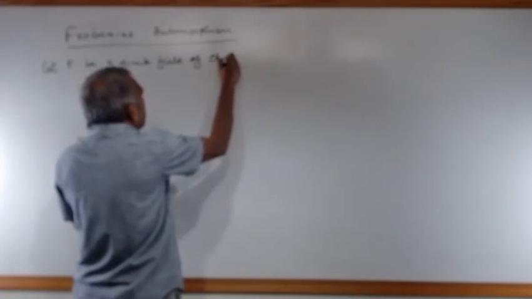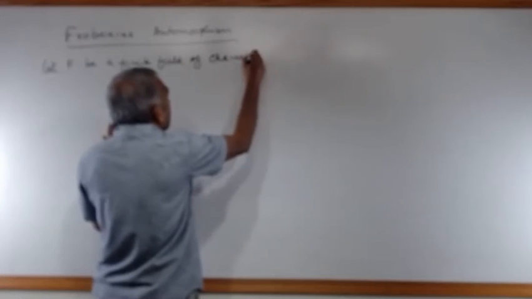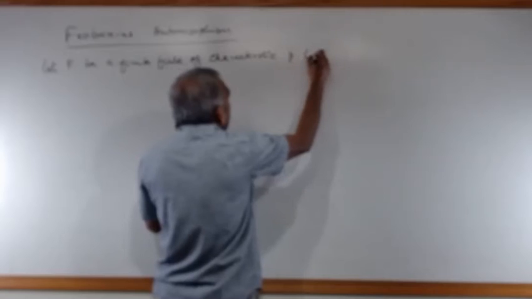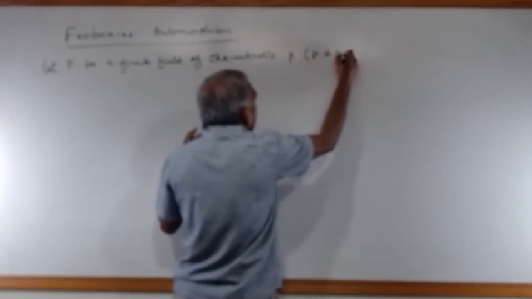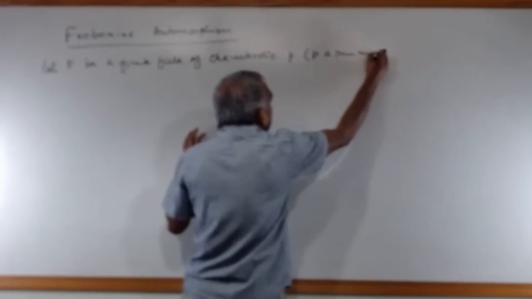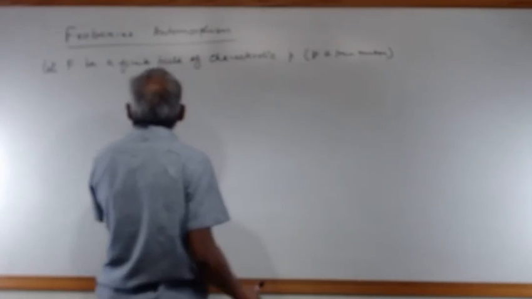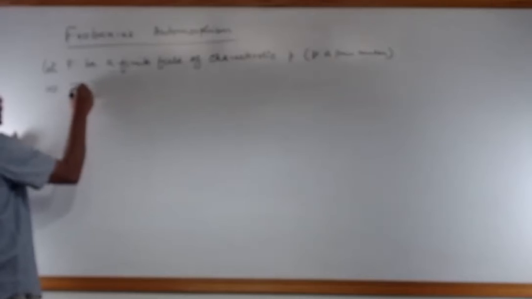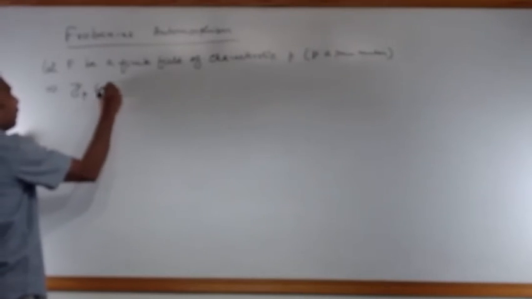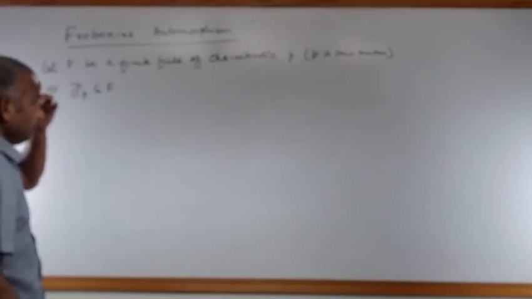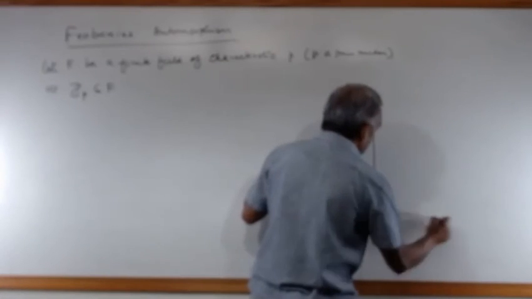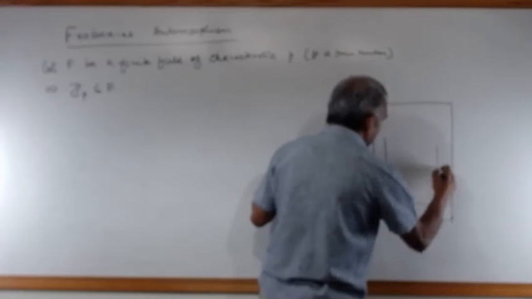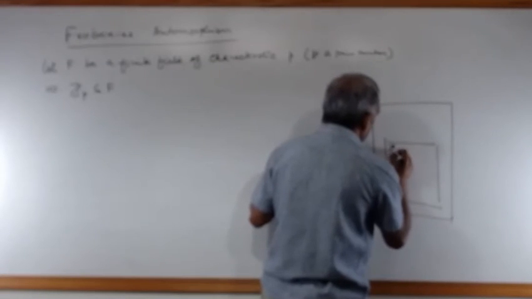Say characteristic P, a prime number, and that implies Z_p is a subfield of F. So we're talking about a field here and a subfield here.